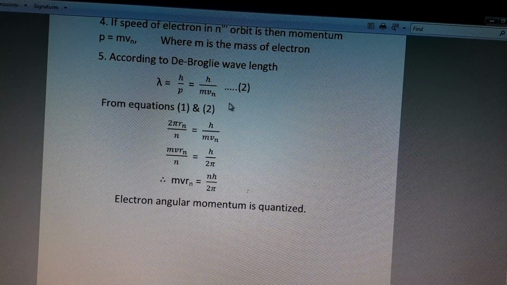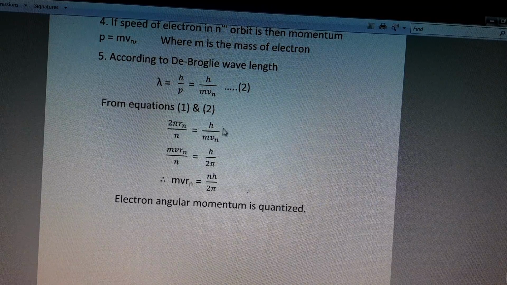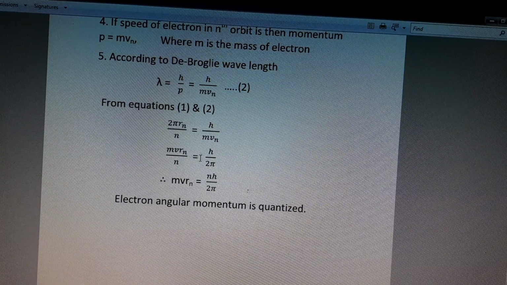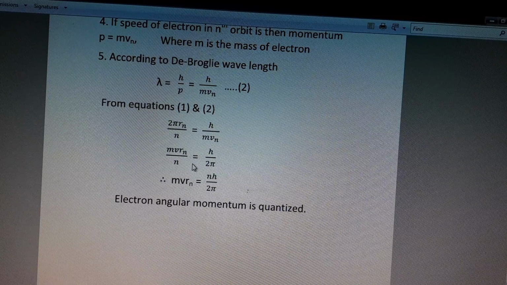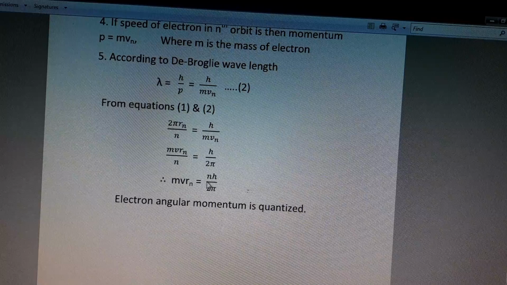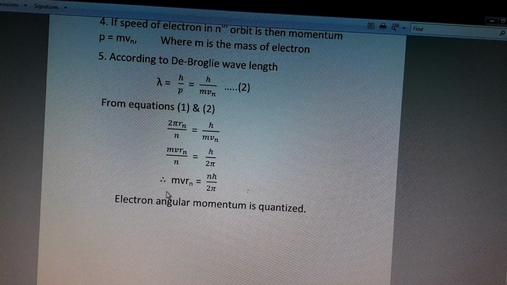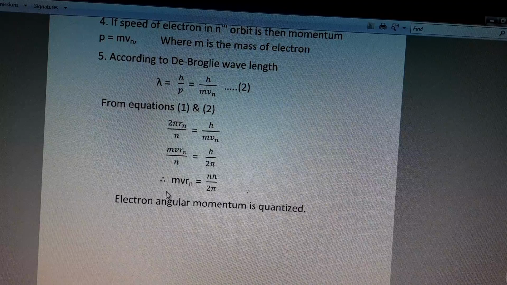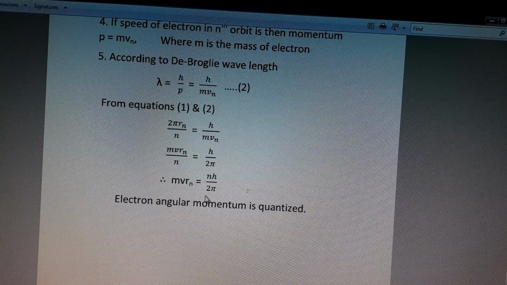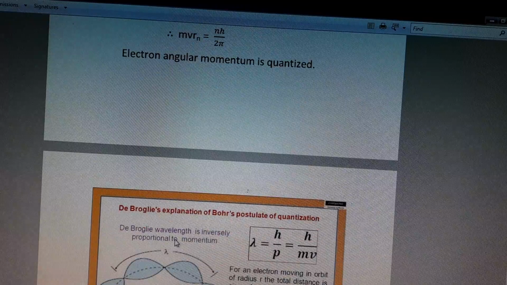This is equation number 2. From equations 1 and 2, 2 pi r by n is equal to h by mv. So mvr is equal to nh by 2 pi, where mvr is the electron's angular momentum, the L value. L is equal to mvr is equal to nh by 2 pi. So the electron's angular momentum is quantized.